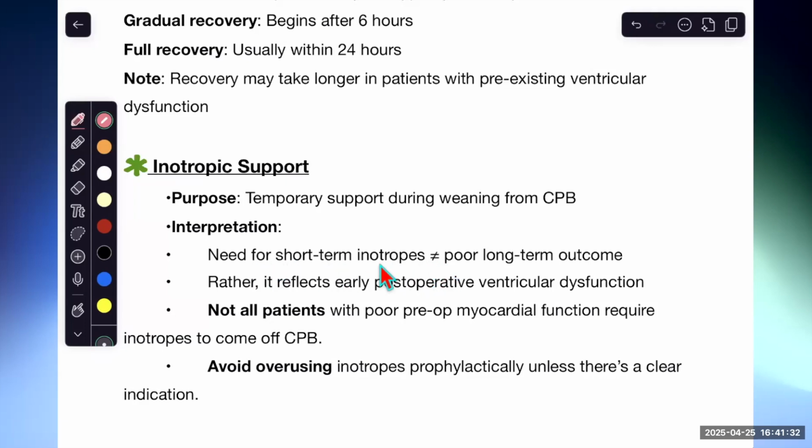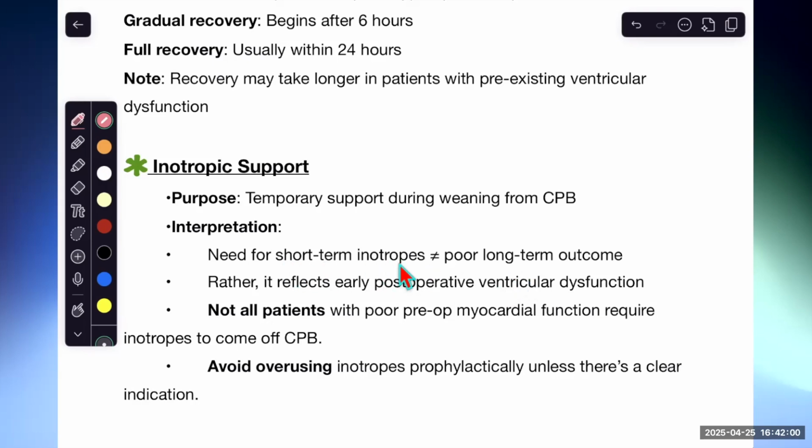If I need inotropes, this does not necessarily mean I have a poor long-term outcome. Some patients may have inotropic support post bypass, even high dose, and this does not indicate that the patient will not survive. No, it's just saying that the post-operative ventricular function is not excellent.